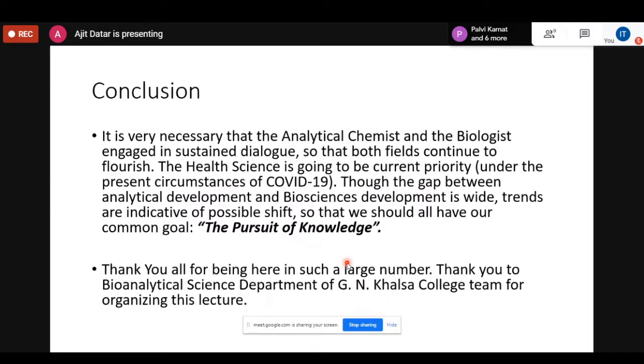But then there is definitely a combination of both these fields required. And you can see health science is going to be the current priority considering the present circumstances, COVID-19. Though the gap between analytical development and bioscience development is wide, trends are indicative of a possible shift, so that we should all have our common goal, the pursuit of knowledge.